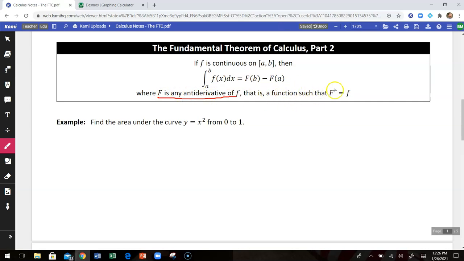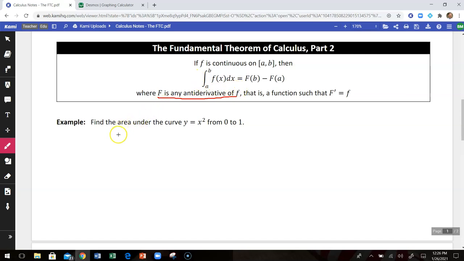Okay, so that means that the derivative of capital F is equal to f. So what we are going to do is simply take the antiderivative of f and then evaluate at the endpoints of my integral, and that will give me the exact solution of this integral.